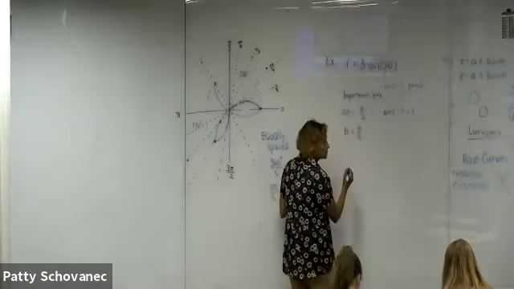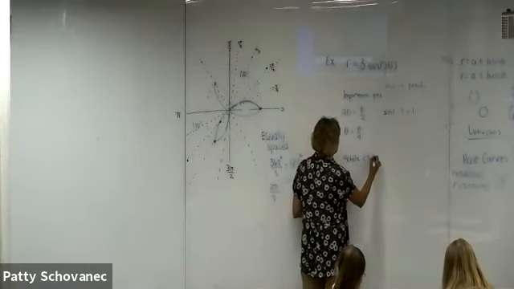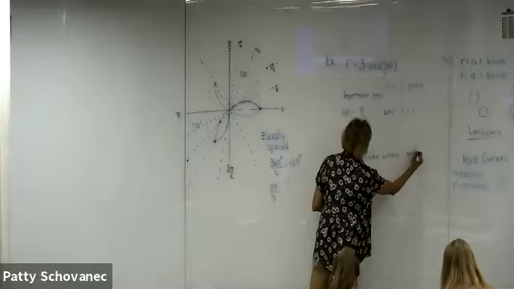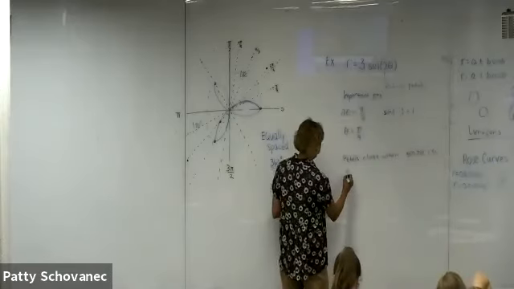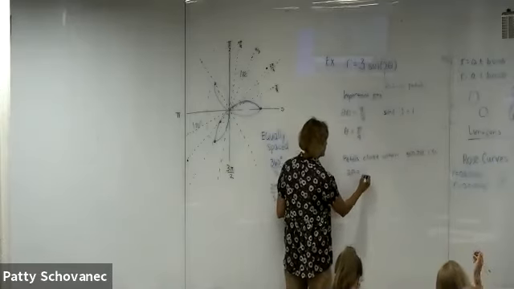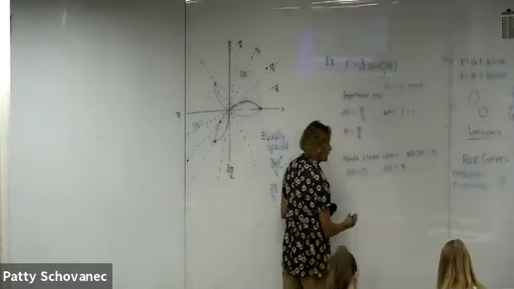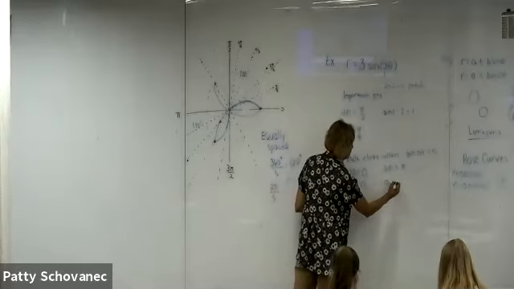Where do the petals close? They're going to close at the pis, where 2 theta is going to be 0, or where 2 theta is going to be pi, etc. So that's where theta is 0 and theta is pi halves.